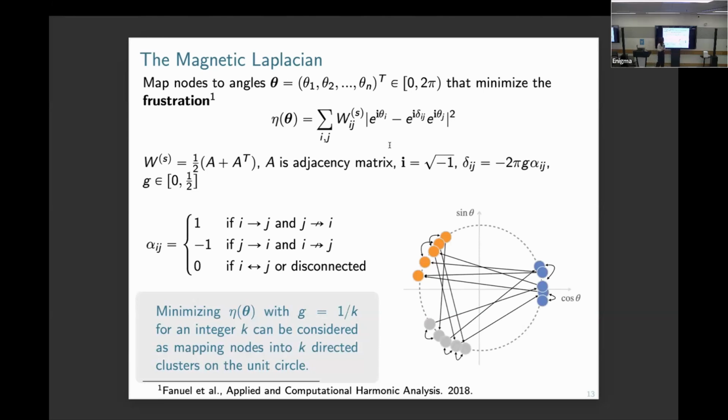And alpha_ij depends on the edge direction. There are three scenarios: an edge from i to j, an edge from j to i, or both ways. Minimizing this objective function is essentially finding k clusters on the unit circle such that the edges are pointing in the anti-clockwise way.